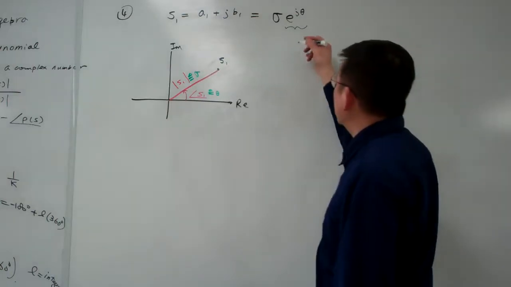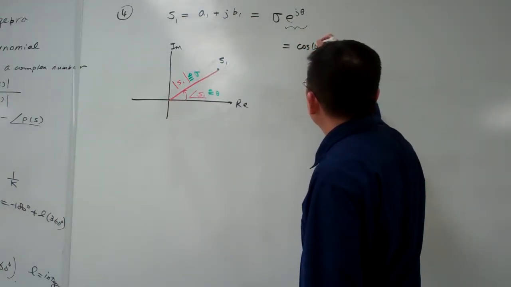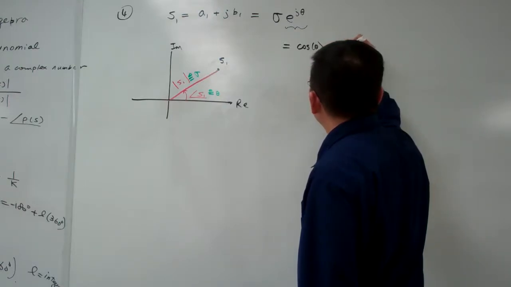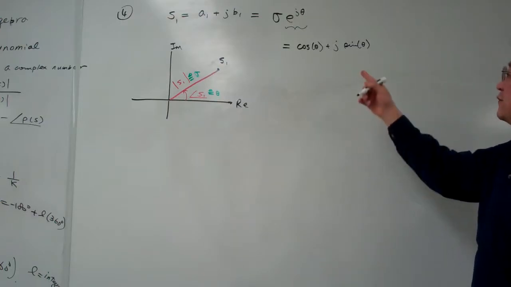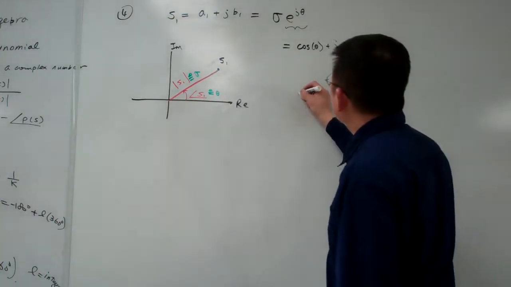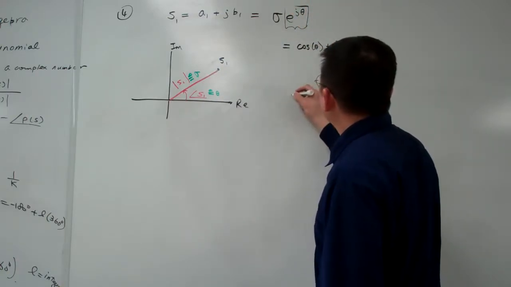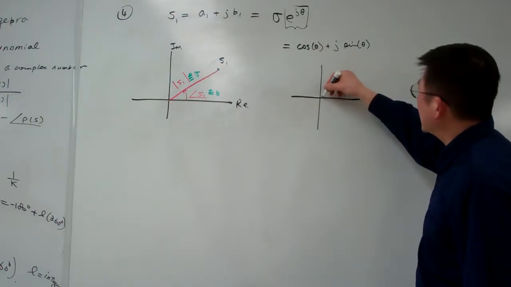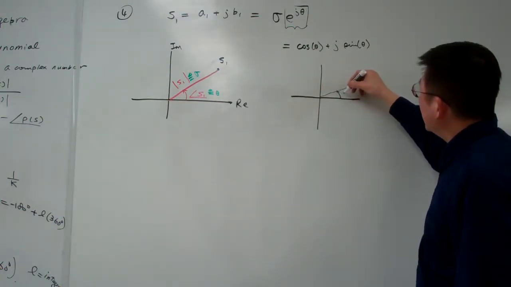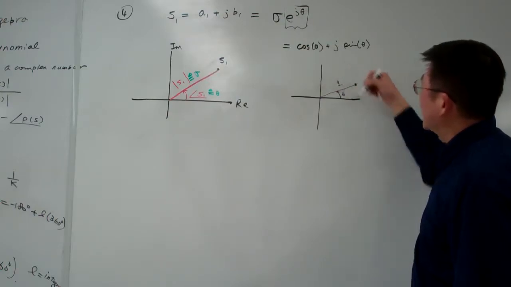By definition, this is defined by cosine theta plus J sine theta. So by definition, this one basically means this. This is a single complex number, and the complex number has the phase angle theta and its magnitude equal to 1.